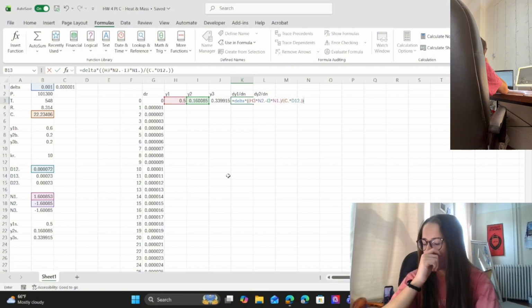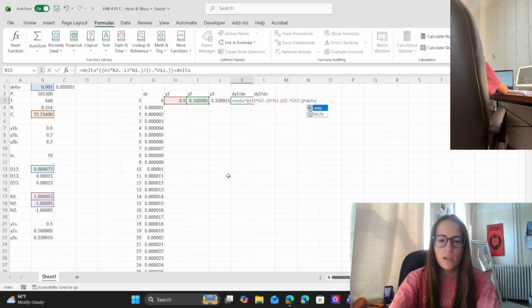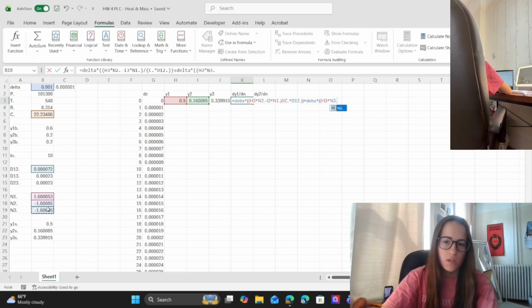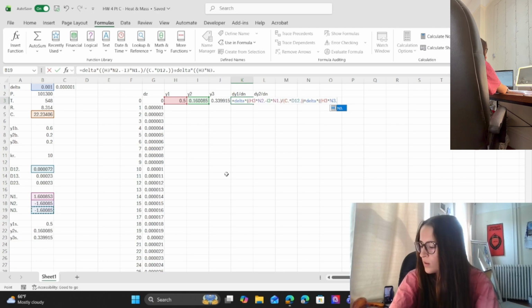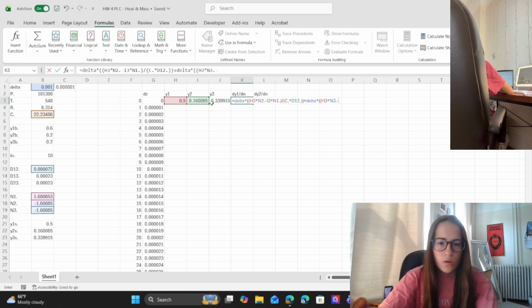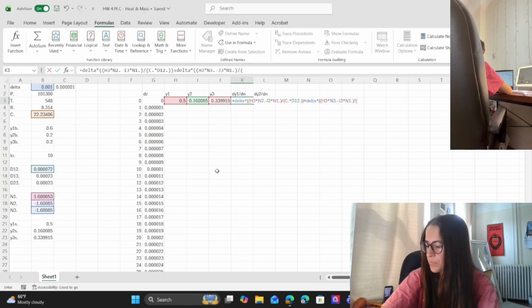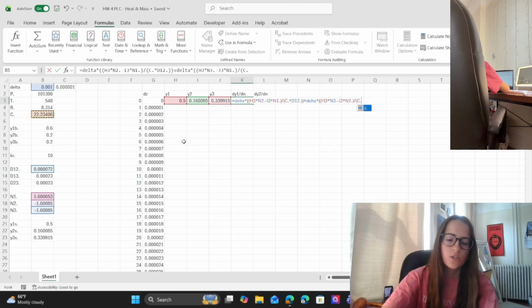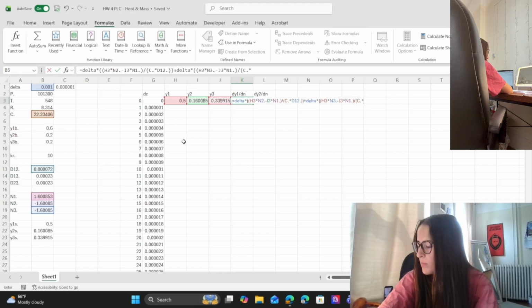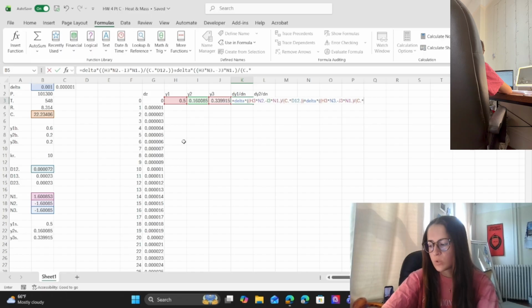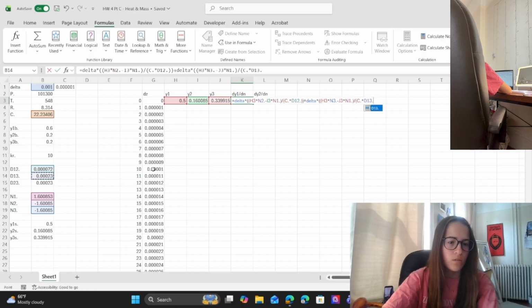Okay, and that's our first piece, and then second is delta again times y1 times n3 minus y3 times n1 divided by our concentration. Sorry, I'm looking to the side. I'm just looking at my paper here. It's times concentration D13.